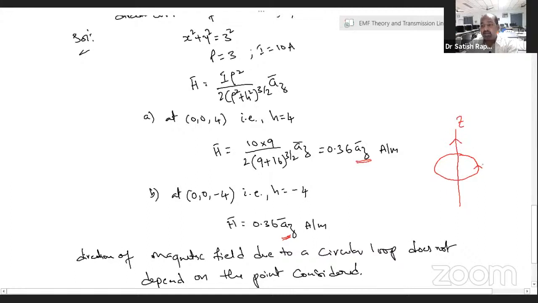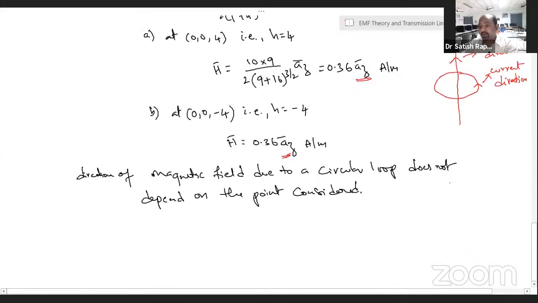So this is the current direction, and this is the field direction, the magnetic field direction.